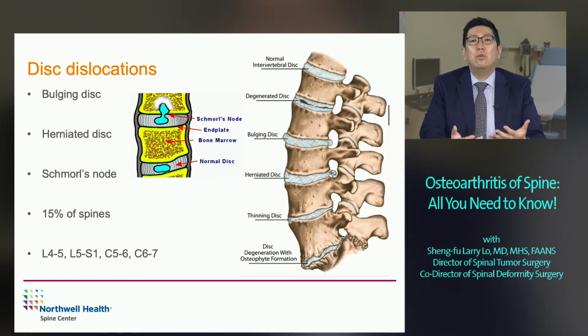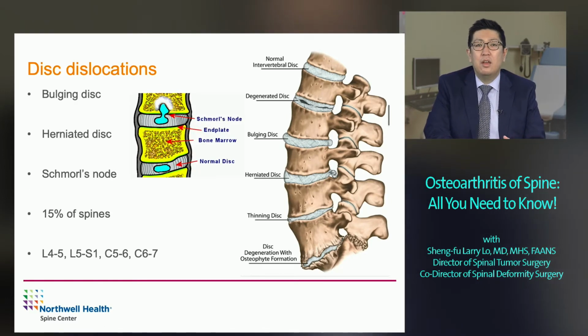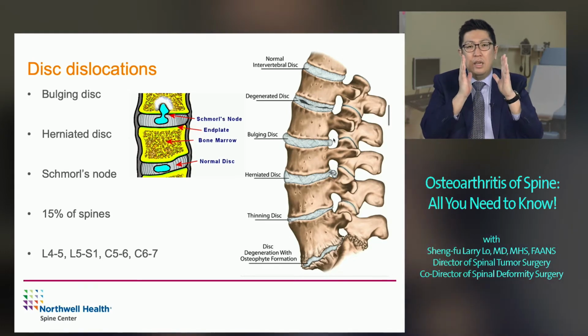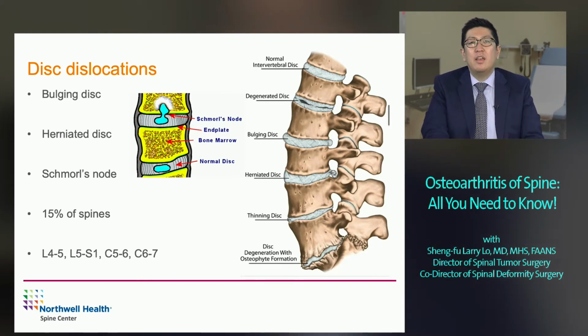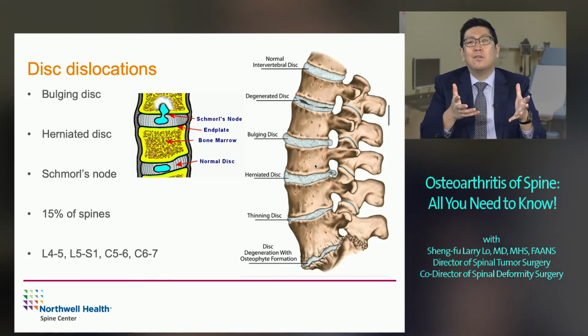As the spinal degeneration progresses, you can start getting bulging discs. In that third disc space, you can see that rather than being completely contained within the spinal column, it starts bulging out. Over time you can get tears in the lining that covers the disc space, called the annulus fibrosus.